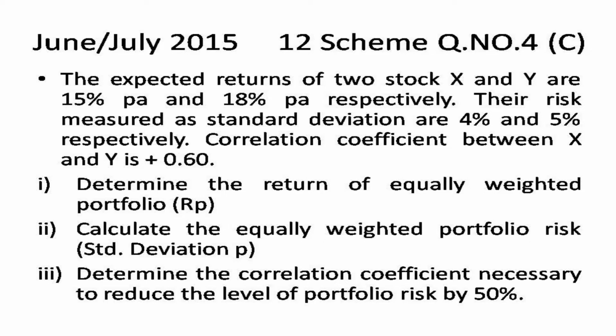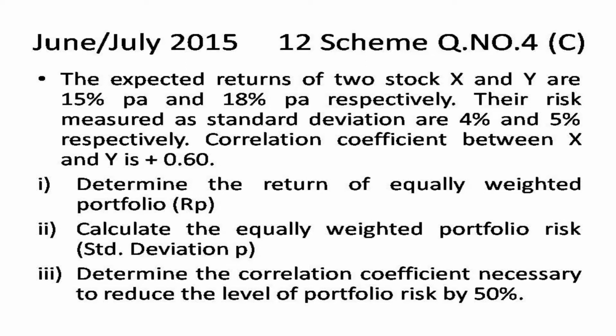The expected return of two stocks, that is X and Y, are 15% per annum and 18% per annum respectively. Their risk measured as standard deviation are 4% and 5% respectively.